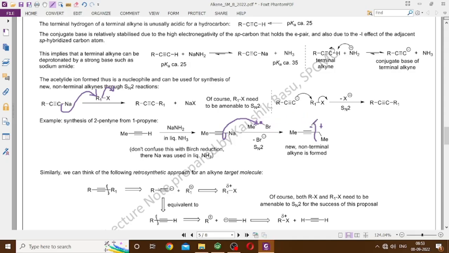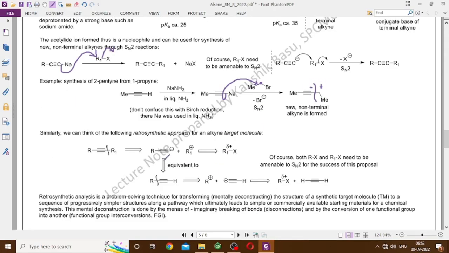But when you think in terms of how can I synthesize this molecule by disconnecting or deconstructing this carbon-carbon bond by targeting this site of this molecule, you are going to end up with a negative charge here and a positive charge here. Because if you do the opposite thing, the negative here and the positive here, then that makes absolutely zero sense.